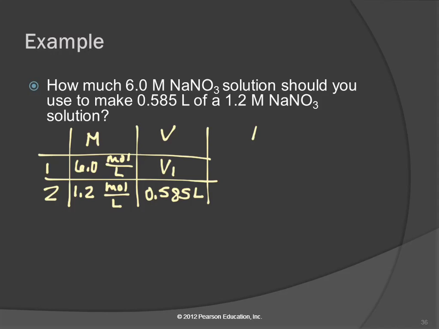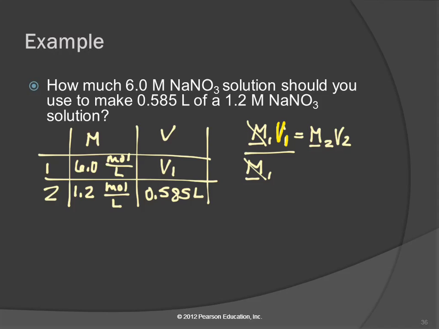So then our equation for dilution is M1V1 equals M2V2. We are solving for V2. I'm sorry, V1. We're looking for V1. So we're going to rearrange this equation, and we'll do that by dividing by M1.